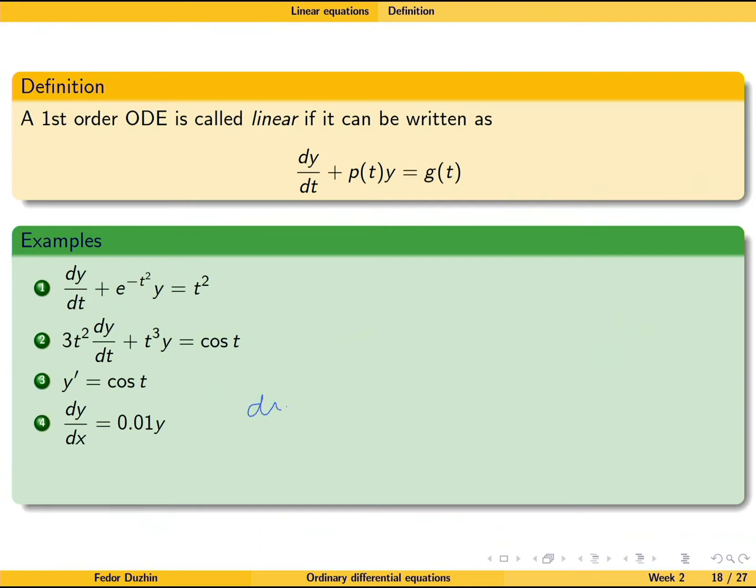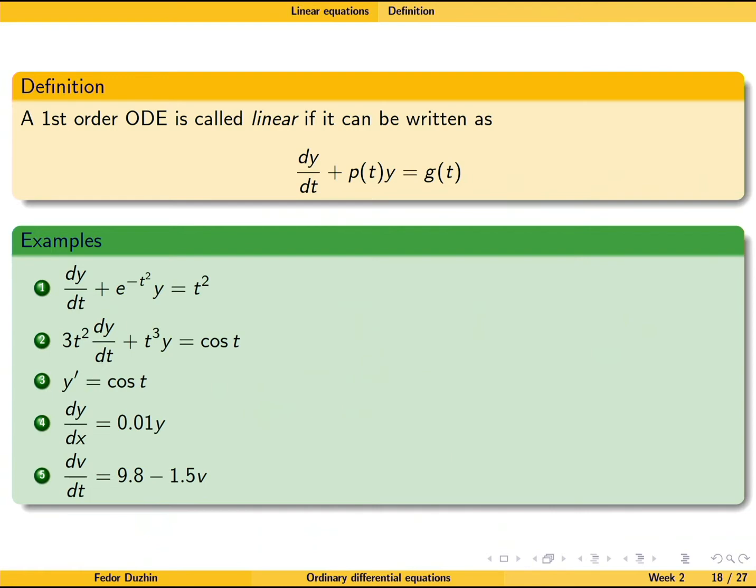And so we can write it as y prime minus 0.01 y equals 0. Now g of t is 0, and p of t is minus 0.01. So it is actually independent of t, and strictly speaking, it should be p of x, because now x is the independent variable. And here is one more example.